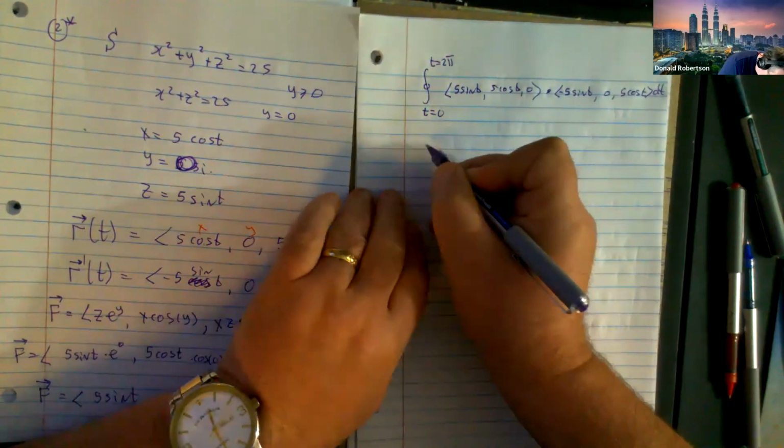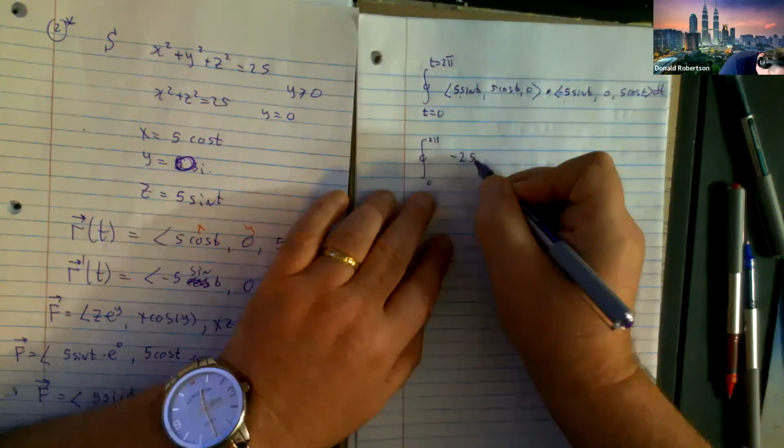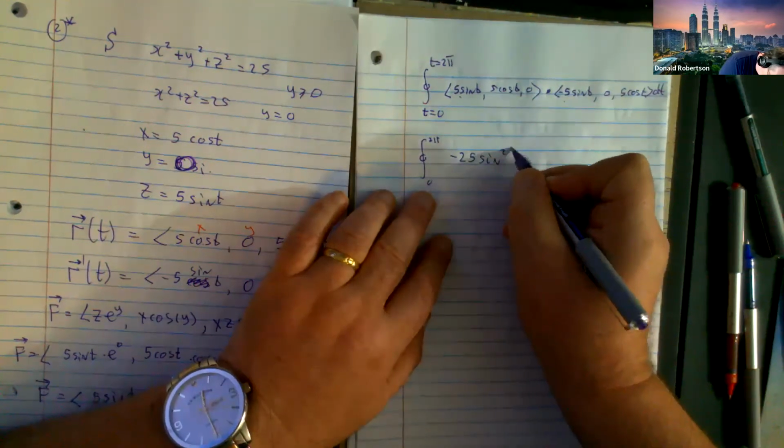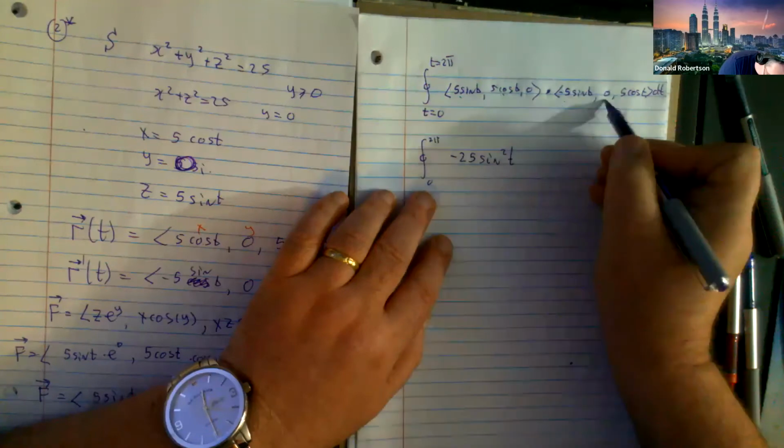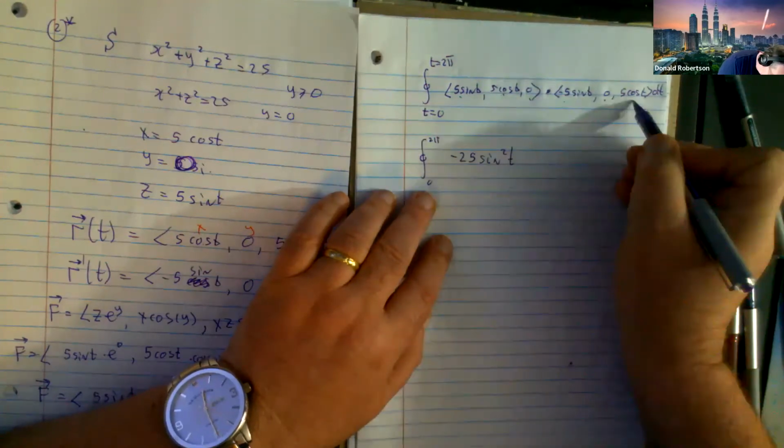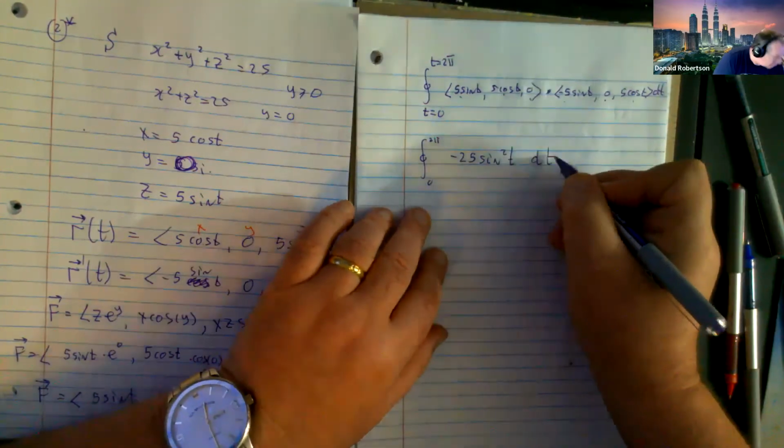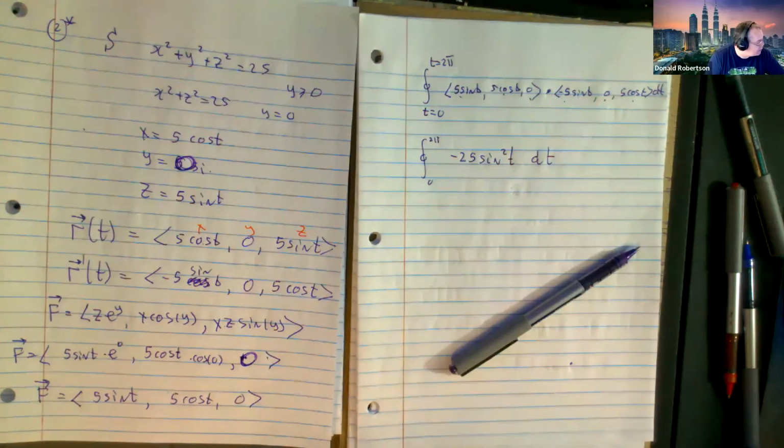That guy times that guy gets you negative 25 sine squared t. That guy times that guy gets you nothing. That guy times that guy gets you nothing. So actually, that's all you have. Let's check that.